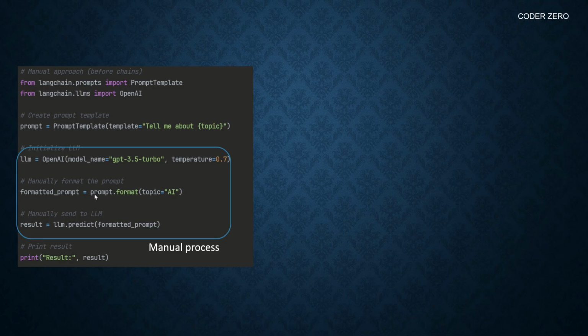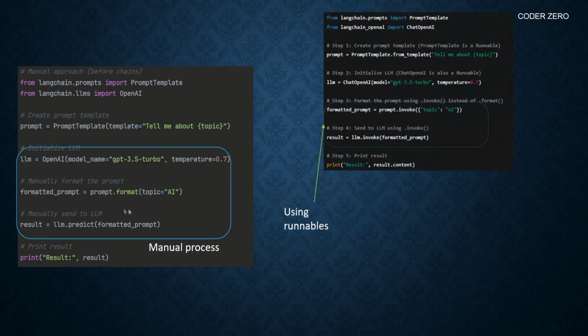So see here, for this prompt component we have dot format, and for LLM we have dot predict to use these components.